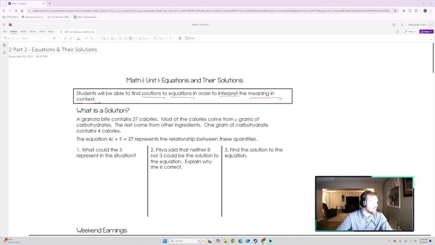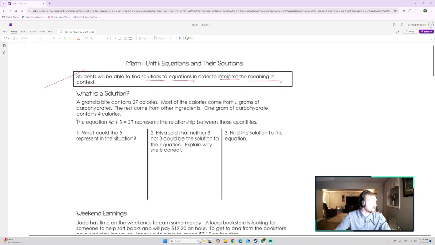Alright, so it says a granola bite contains 27 calories. It says a granola bite contains 27 calories. Most of the calories come from c grams of carbohydrates. Okay, the rest comes from other ingredients. 1 gram of carbohydrates or carbs contains 4 calories.